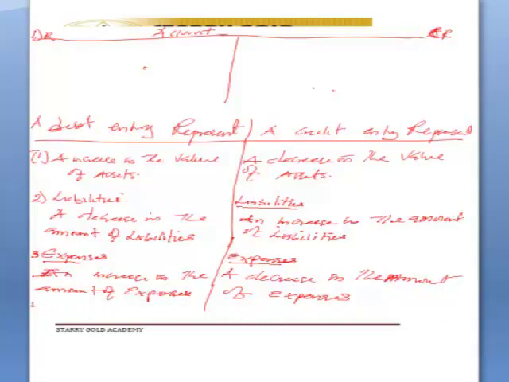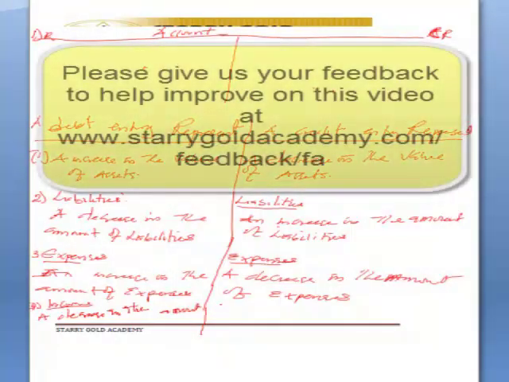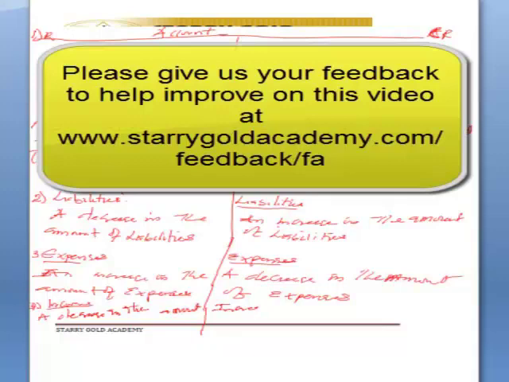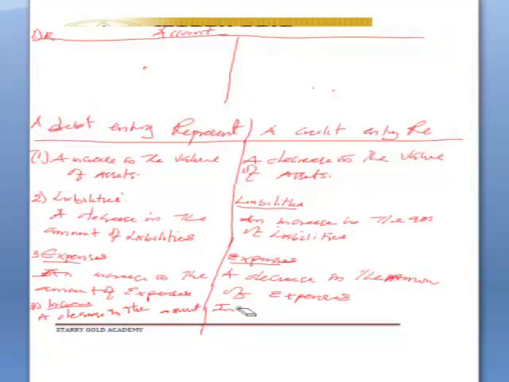So let's see income. A debit entry to an income account means there is a decrease in the amount of income, whereas a credit entry in income means an increase in the amount of income.